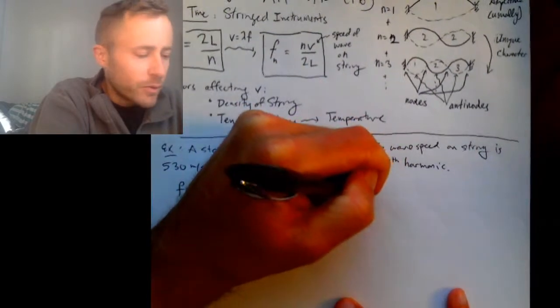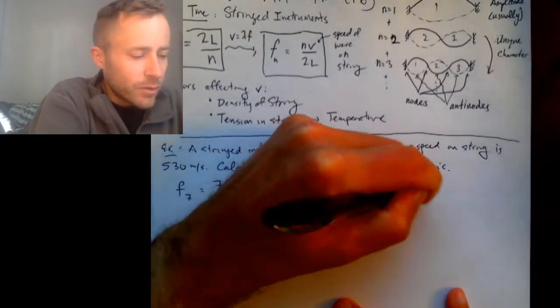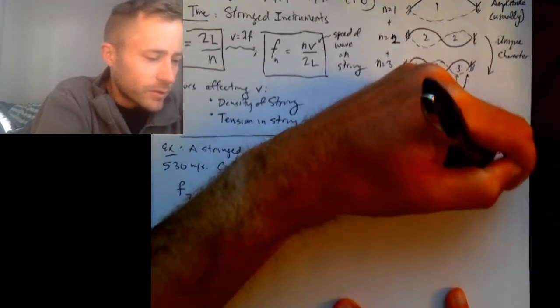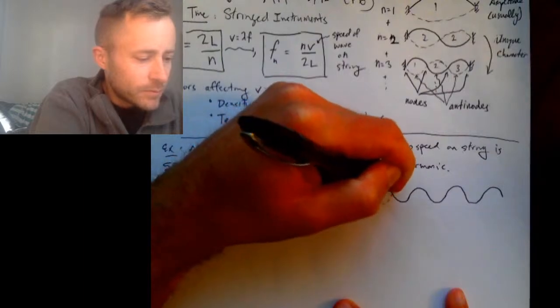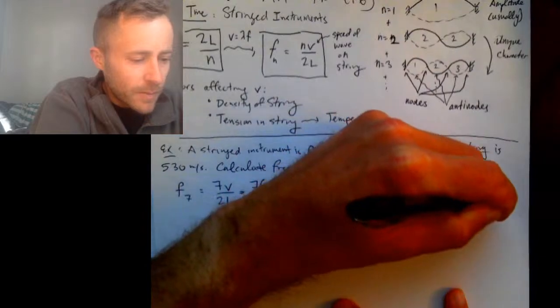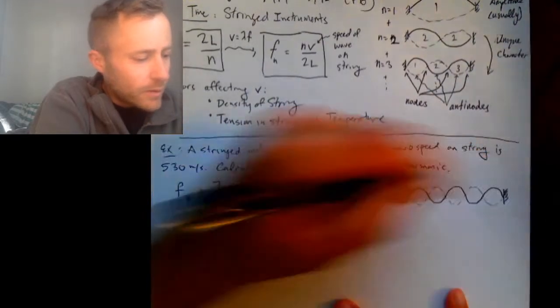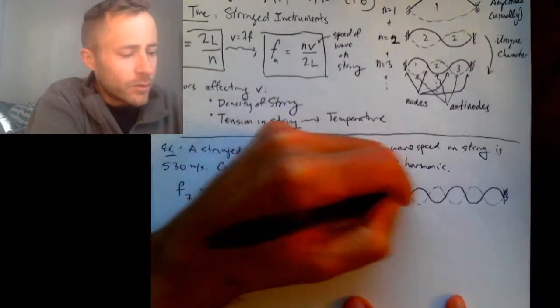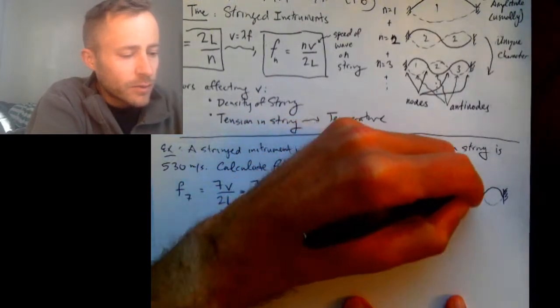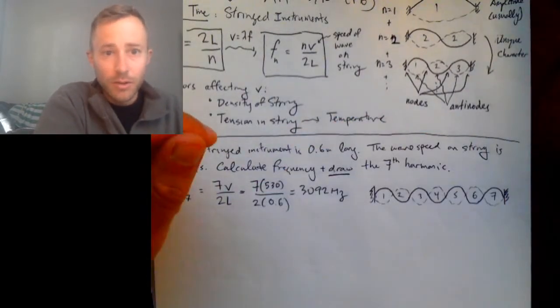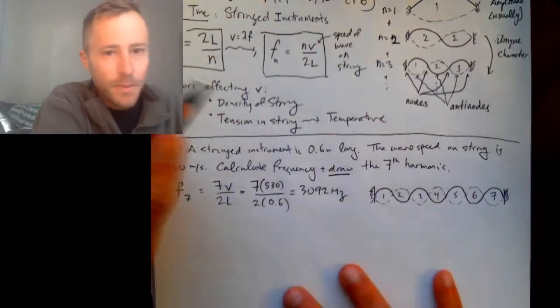So I'll draw 7 footballs. 1, 2, 3, 4, 5, 6, 7. And here are the ends of the instrument. Okay. 1, 2, 3, 4, 5, 6, 7. Okay. So that is what the 7th harmonic would look like. So it's a pretty complicated wave.